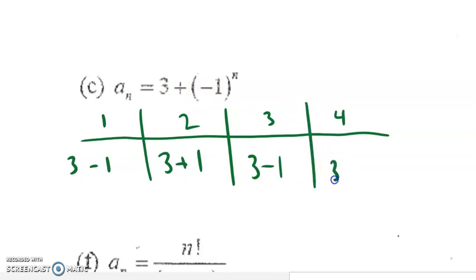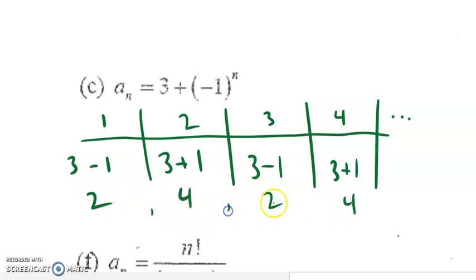And it doesn't take too long to figure out that this is just going to keep on flipping back and forth between a +1 and a -1. And we are going to be adding each one of those to 3 in an alternating sort of fashion. So 3 minus 1, 3 plus 1, 3 minus 1, 3 plus 1.